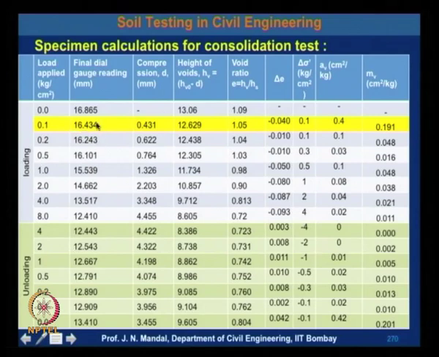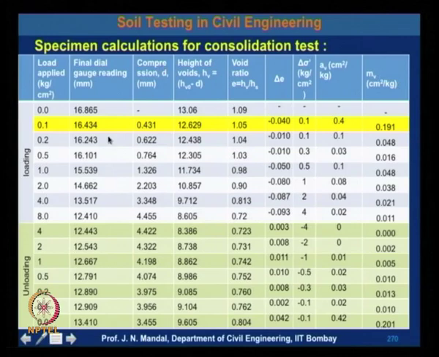Like that you are taking this dial gauge reading, and the dial gauge reading you can say it is decreasing. Then at the load of 8 it is 12.410. So, then you have to determine what will be the compression in millimeter.